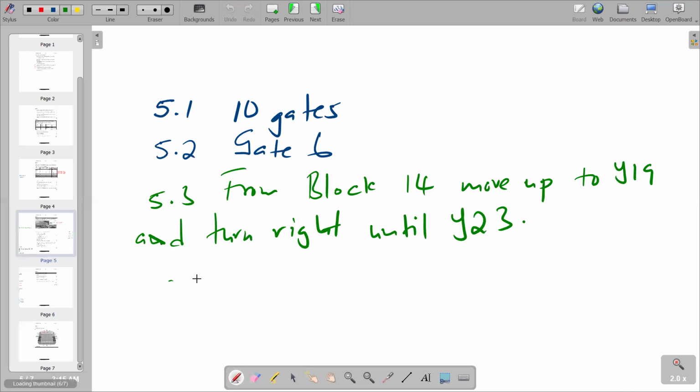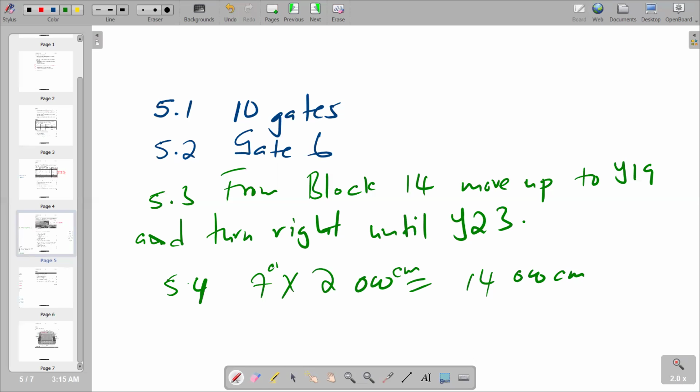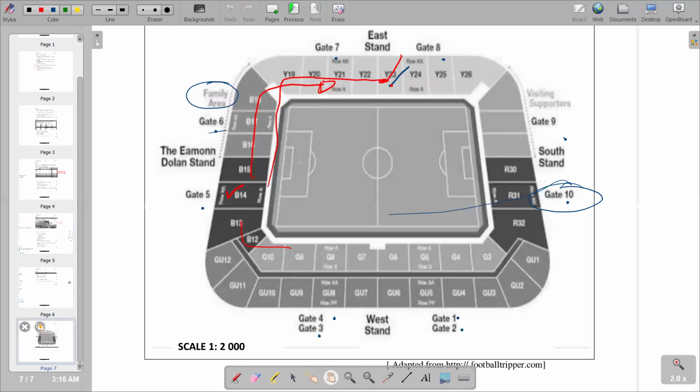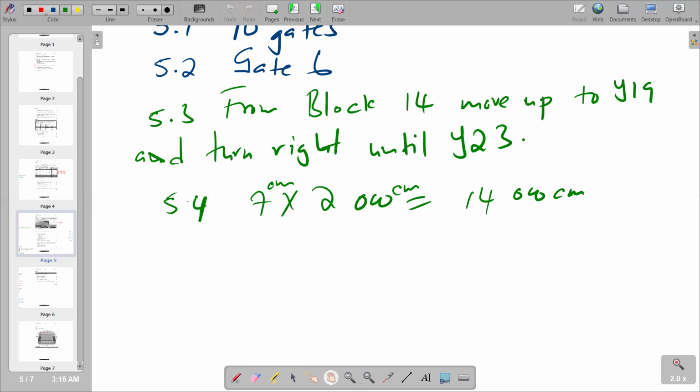So 5.4, we're going to say 7 times 2000. And the answer that you are supposed to get becomes 14,000 centimeters. Remember, these are centimeters, and these are also centimeters. So you get 14,000 centimeters. And of course, we refer back to the question. It's not specifying in terms of how we are supposed to present our answer in units, but obviously we can convert it to meters, whereby we have 1 meter equal to 100 centimeters.